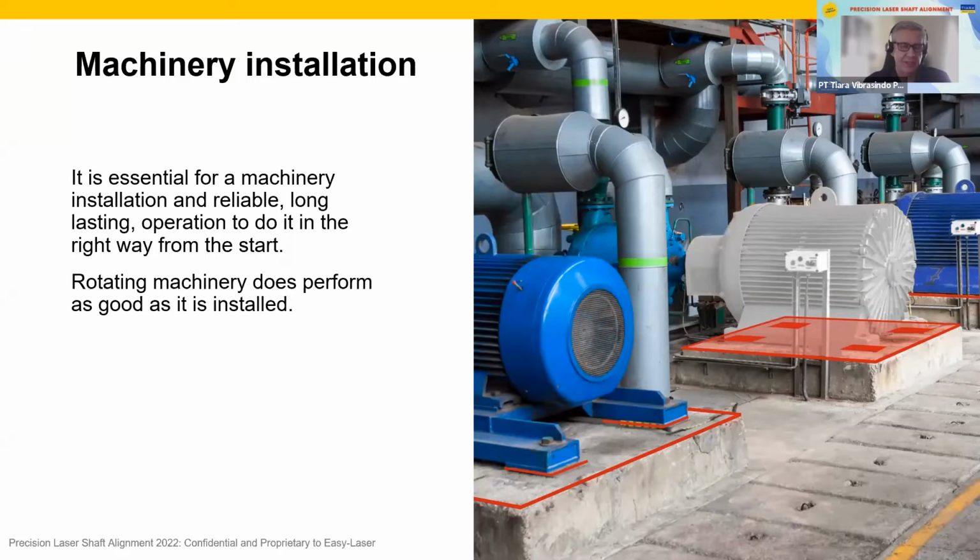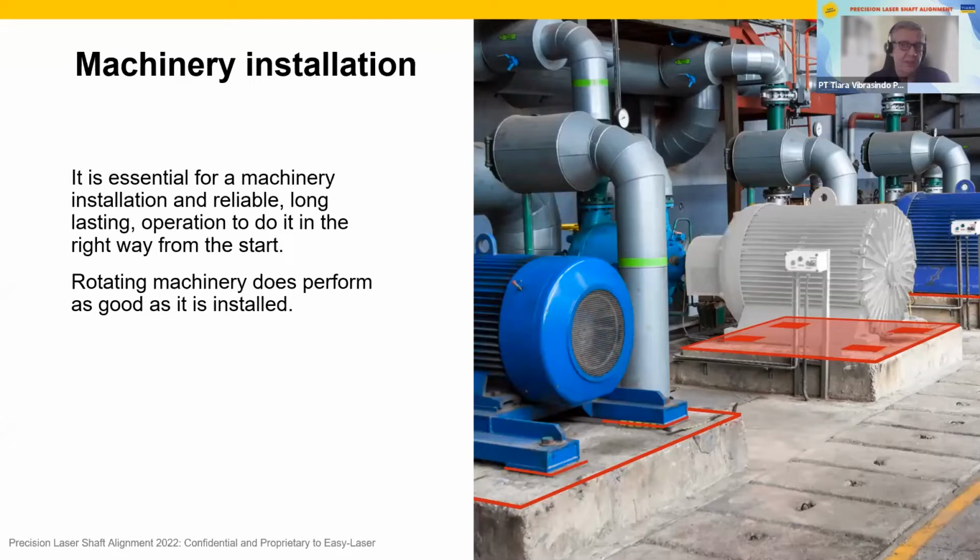But it is essential for achieving reliable and long-lasting operation to do things in the right way from the start. And this refers to the installation of the machines. The machine installation has a direct impact and will determine the operation condition, the performance, and the life cycle cost. The rotating machinery does perform as good as it is installed.